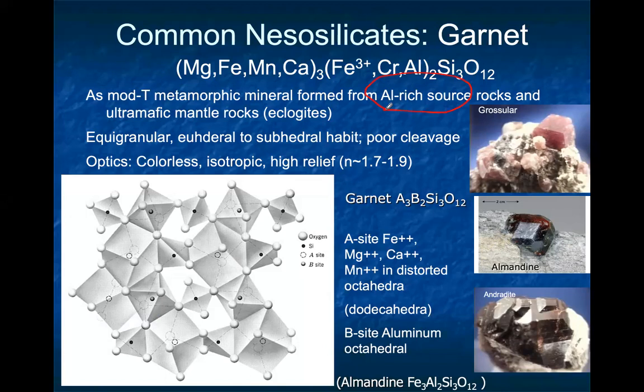Okay, and also there are different types of garnets. Anyway, we will learn about the details later on. And usually an equigranular, euhedral to subhedral habit is there. Also some poor cleavages are present. A lot of fractures you can see in garnet, right?